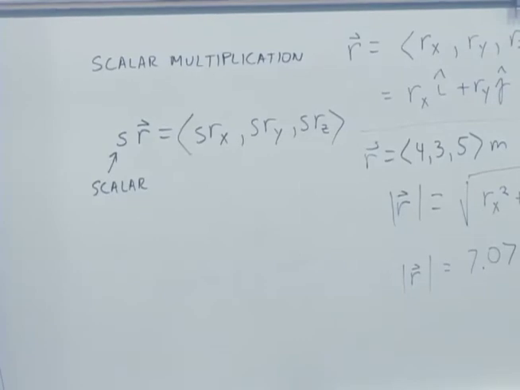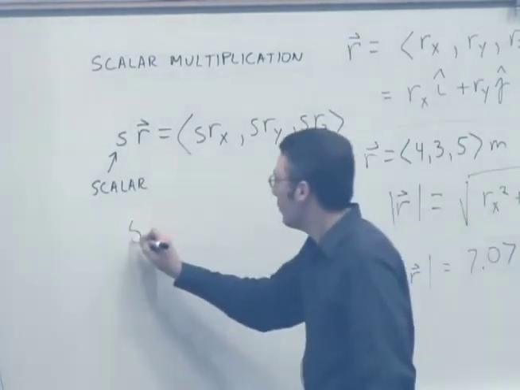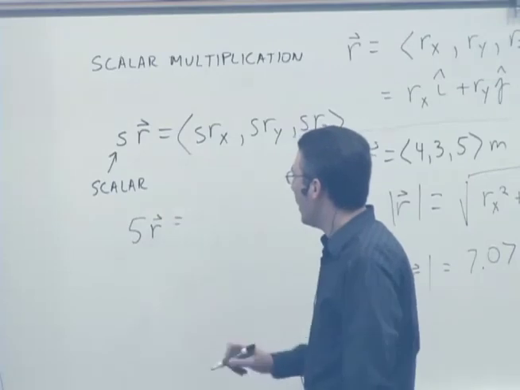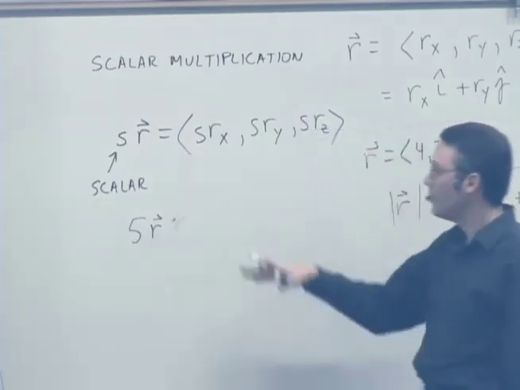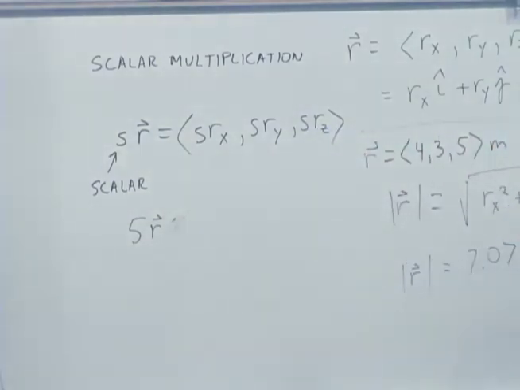So if I multiply by a positive scalar, I get a vector that is in the same direction, right? So if this were 5 times r, I get a vector that is in the same direction as r, just 5 times larger, 5 times bigger magnitude.